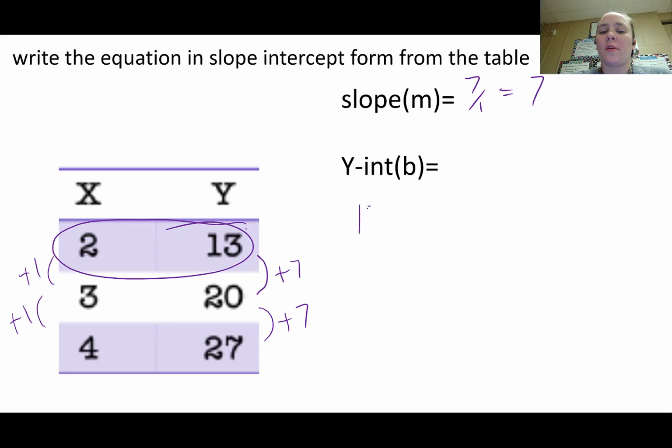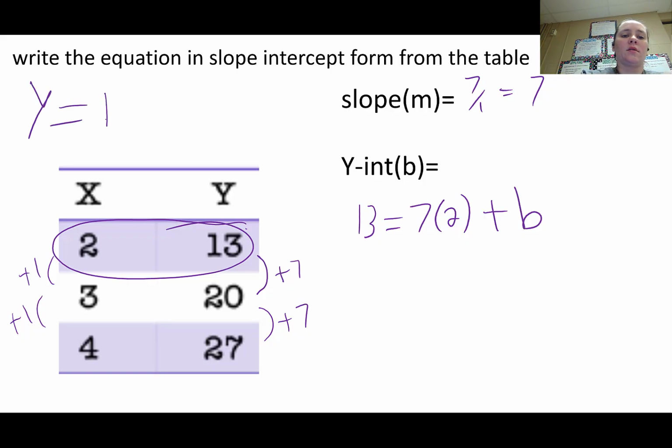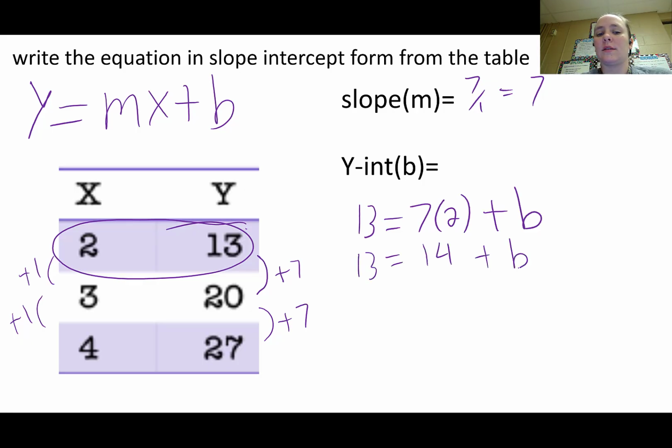So I'm going to get 13 is equal to 7 times 2 plus b, because remember, we're using this form here. Okay. So we're going to end up with 7 times 2, which is 14, plus b.